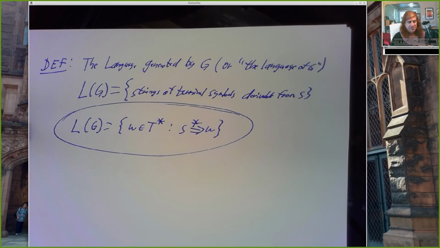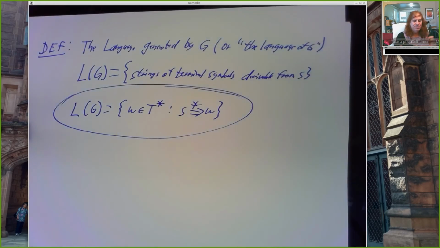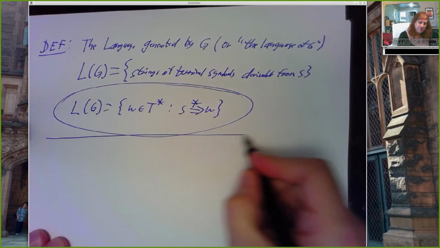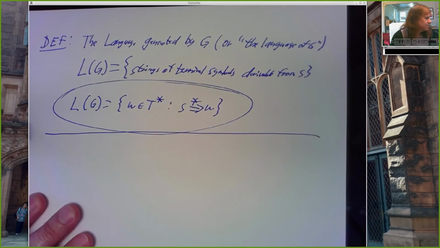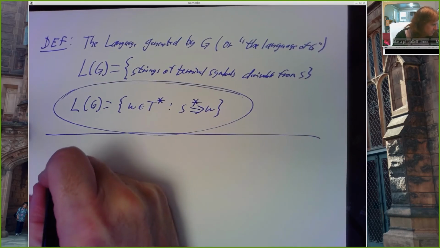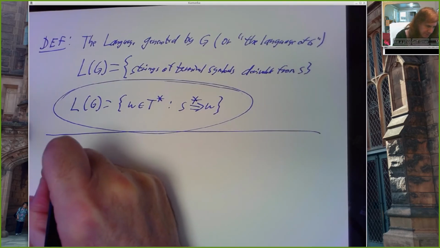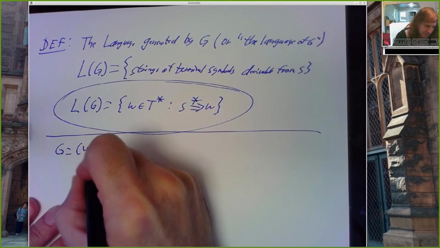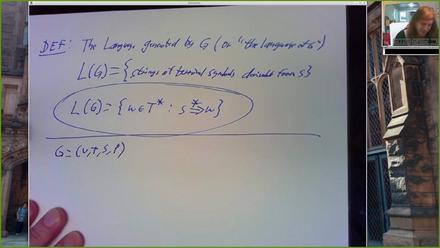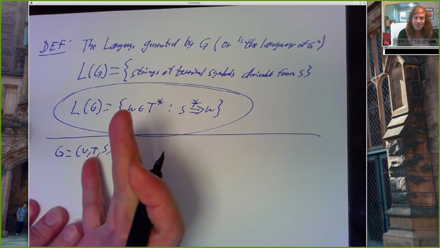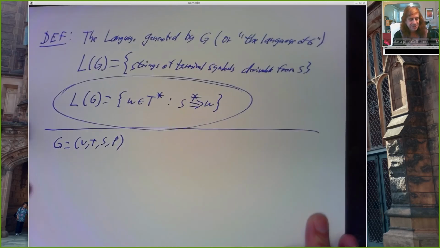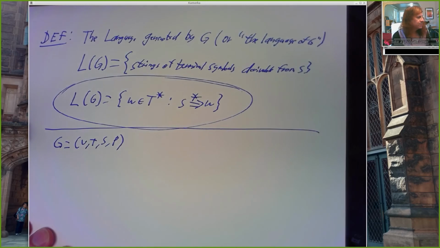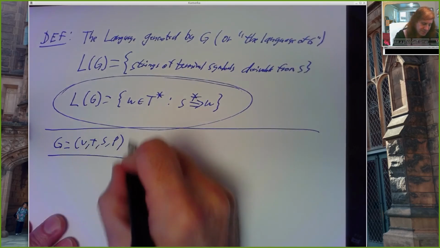All right, so that's the definition, but examples are probably more useful for nailing down what exactly we're talking about here. So let's do some more examples. I'm going to use V for vocabulary, T for terminal symbols. The start symbol is going to be S. The production rules will be listed explicitly.